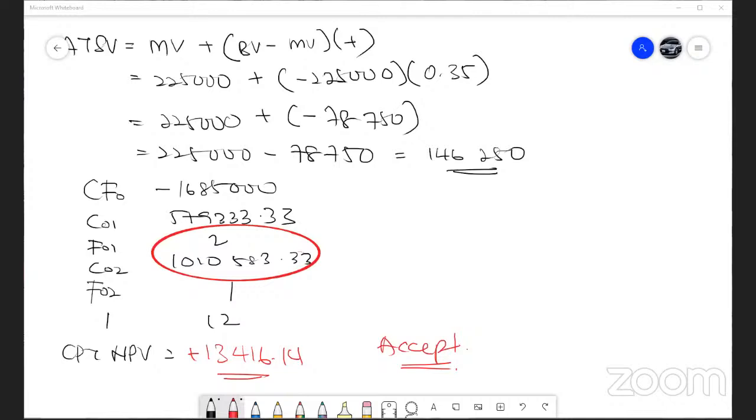MACRS table. If any of you found it, you can let me know also. Nope, don't have.